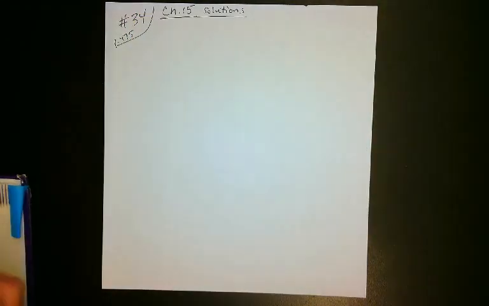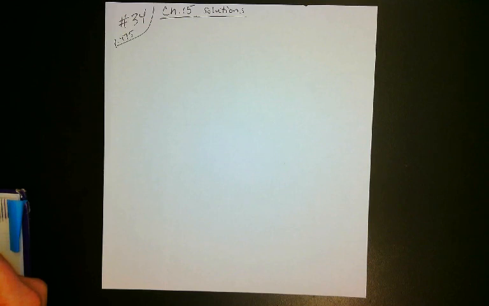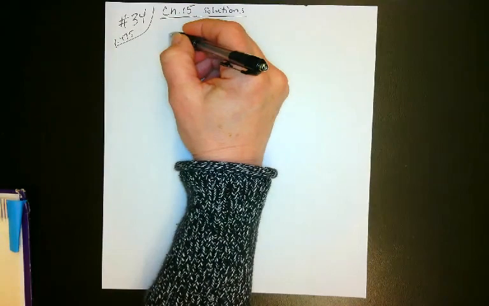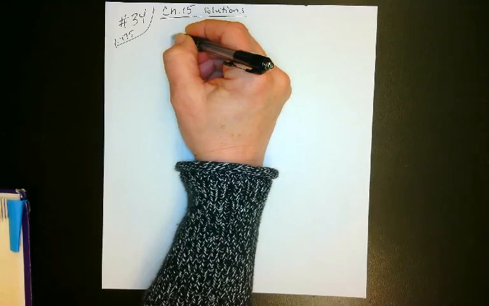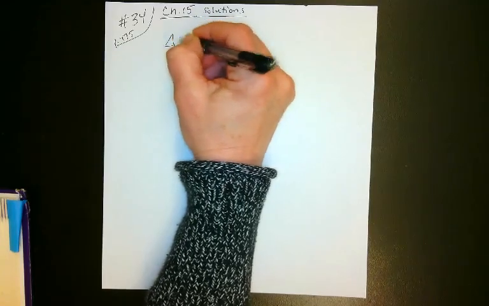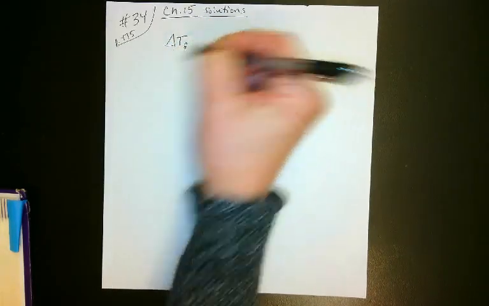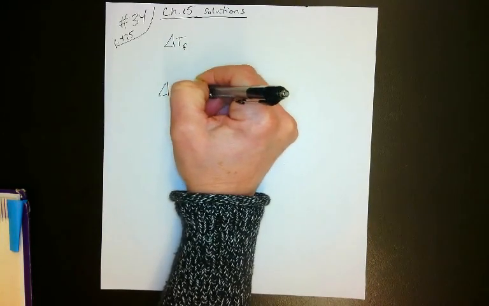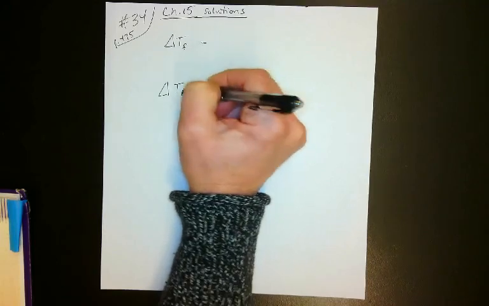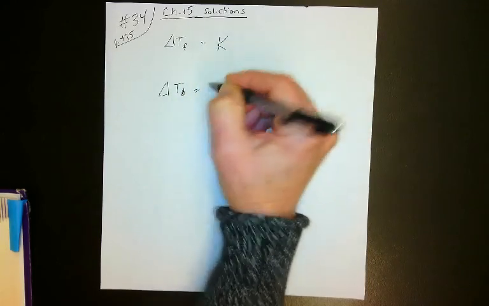So it says, what are the boiling point and freezing point of a 0.40 molar solution of sucrose in ethanol? So if I look at that formula, I need to know freezing point and boiling point. And the way to find freezing point and boiling point of a solution is to use the K value, which you have to look up.